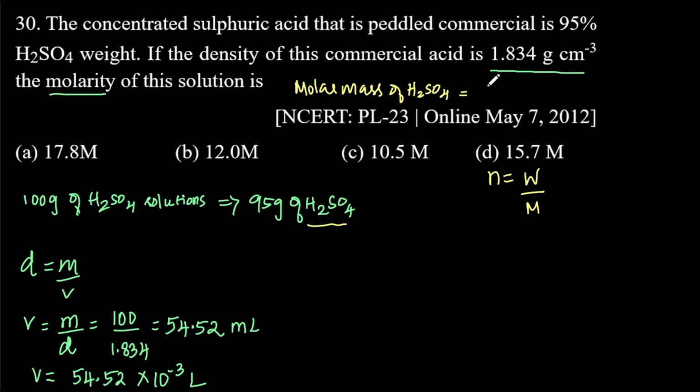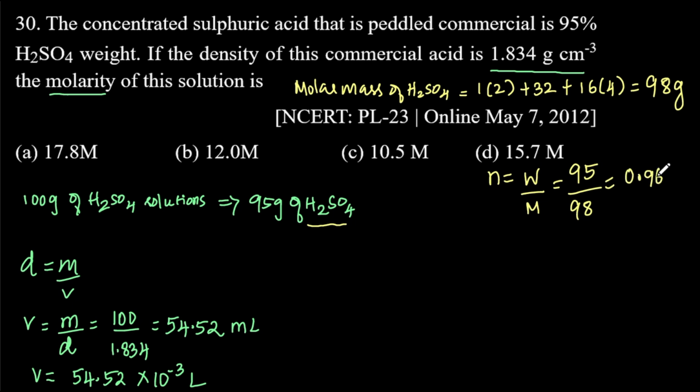For hydrogen, the mass is 1 and 2 atoms are there, for sulfur the mass is 32, and for oxygen the molar mass is 16 and 4 atoms are there. If you calculate this, you will get the molar mass of H2SO4 as 98 gram. So the amount of H2SO4 present is 95 divided by 98. If you do the calculation, you will get the answer as 0.969 moles. Now the final part of the question, molarity.